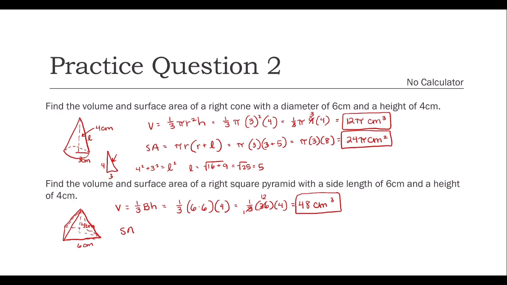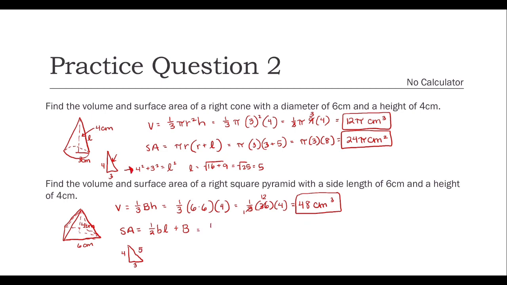Then for our surface area, it's going to be 1/2 the perimeter of the base times the slant height plus the area of the base. So our slant height will be the same as it was in our previous problem, because half of our base is 3, our height is 4, and it would be the same equations as the previous problem to find that L equals 5.